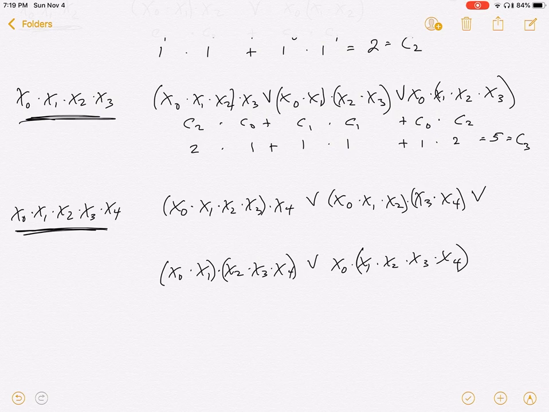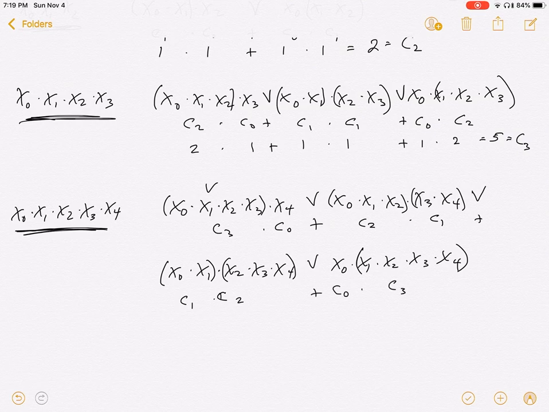This 4 inside the parentheses looks like C3, and that looks like C0. Now this one with 3 inside the parentheses looks like C2, and that looks like C1, and this looks like C1, and this looks like C2, and that looks like C0 times C3.